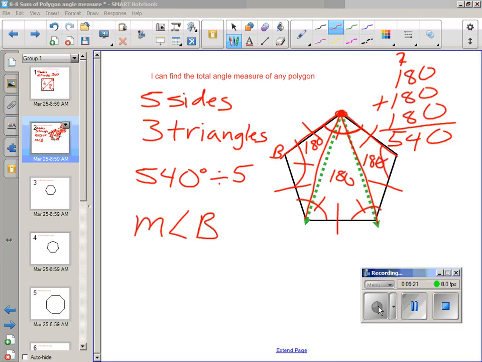Mr. Anderson, what'd we get? You are wrong. 540 divided by 5. How many groups of 5 will go into 500?